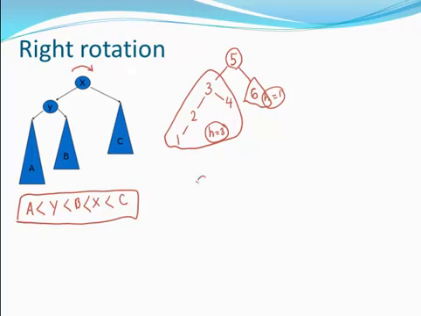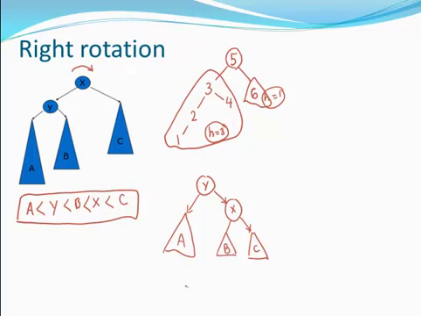We rotate it so that we bring Y to the root, and then X becomes the right child of Y, and C is still attached to X, and the left child of Y remains A. So we bring up A at least one level higher, but we have a problem with B. B happens to be greater than Y, so it should be on the right-hand side now, but less than X. Therefore it should be here.